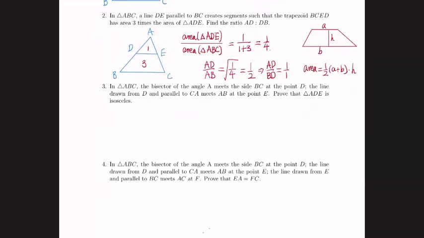Okay, number 3. The bisector, midside, the line. Okay, a little bit more involved. Let's try to draw a triangle.